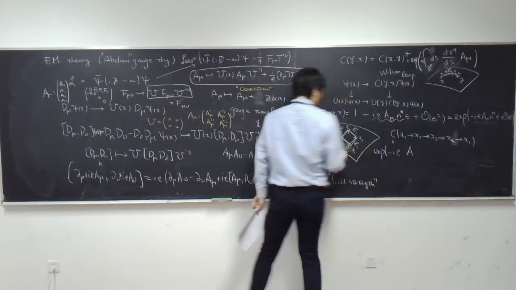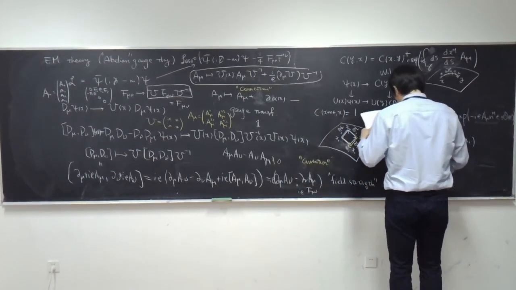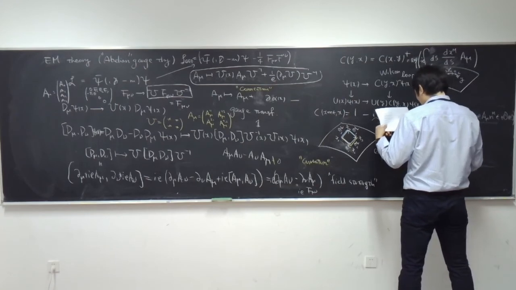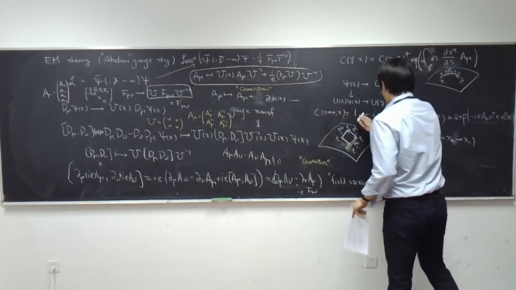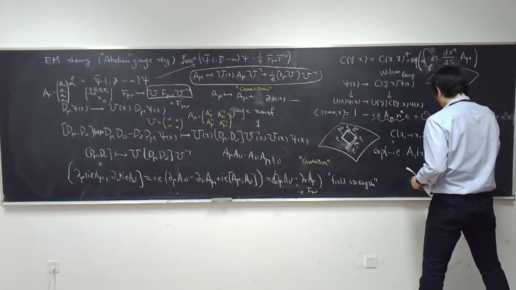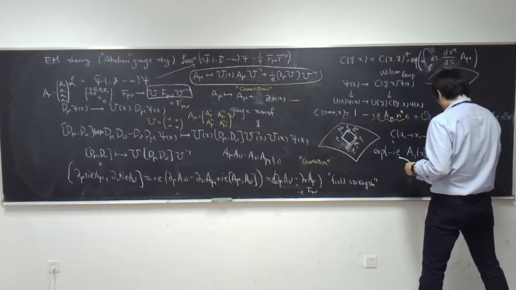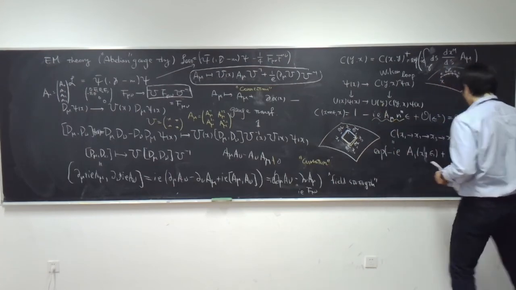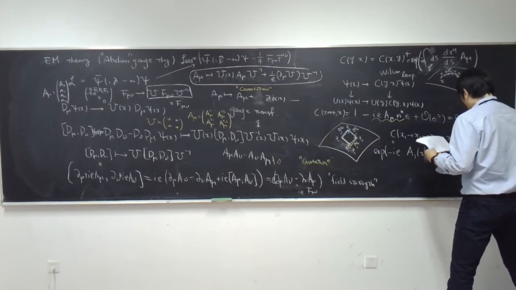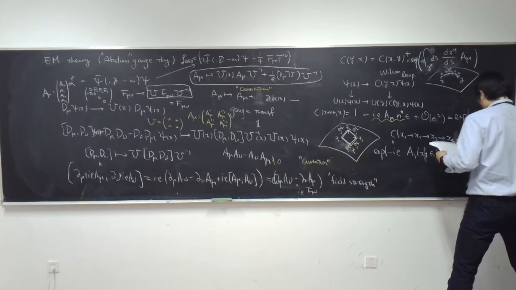First you go in the A1 direction, at x. I hope I'm not mistaken. Next you go to epsilon 2, right? At x plus epsilon 1, and then next go in the E2 direction, so A2 at x plus epsilon 1 plus epsilon 2.